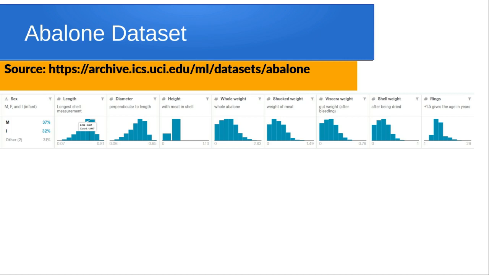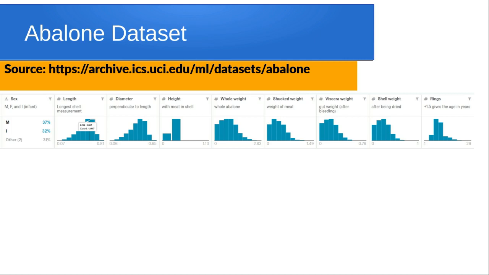So, using this dataset, you can try out either of the problems. The number of observations for each class is not balanced. There are around 4,177 observations with 8 input variables and 1 output variable.